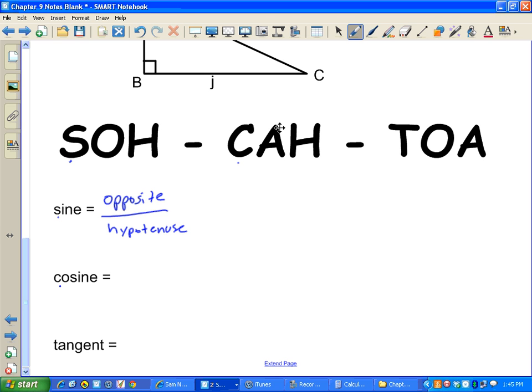The cosine equals the adjacent over the hypotenuse. And the tangent equals the opposite over the adjacent.